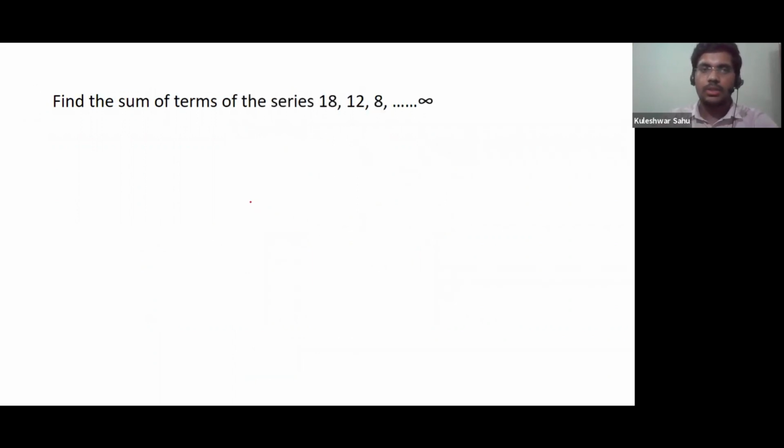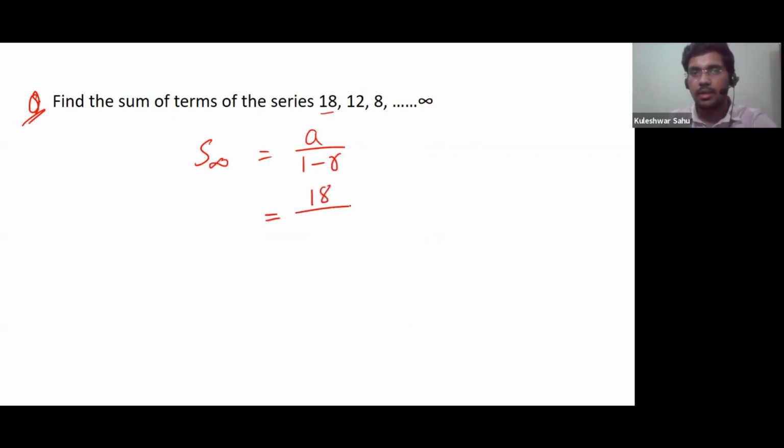Let's move to the last question. The question says, find the sum of the terms of the series 18, 12, 8 till infinity. We have a formula for the infinite series sum, which is a/(1 - r). Here the first term is 18. r can be either 12/18 or 8/12.